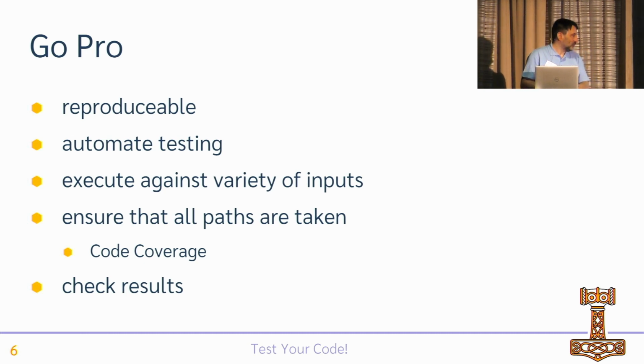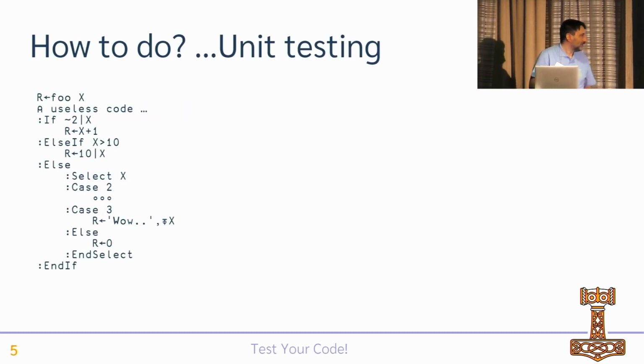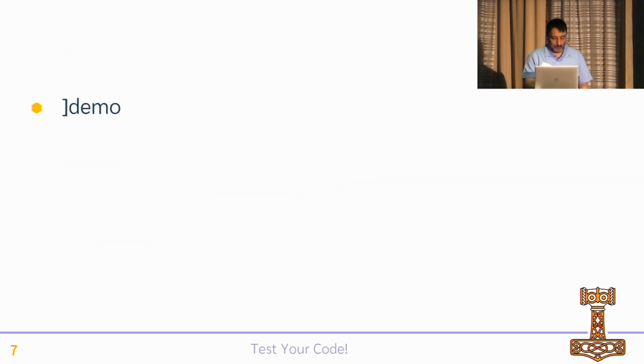So code coverage plays, for me, an important part, just to ensure that you are really testing all of your code. If you think back, if we look at this function, we see there are some obvious faults in there. So it's important that a test covers that stuff. Okay, enough PowerPoint. Let's demo.